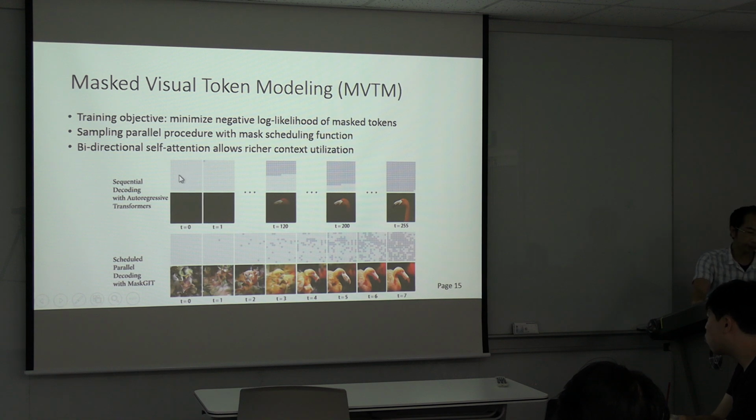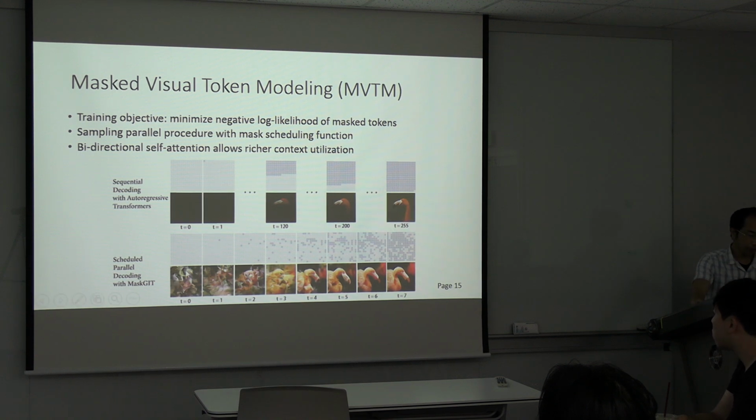We have nothing here, and we expect to generate some meaningful output in the end. But with the autoregressive model, we have to predict one by one. In the first step, we predict the first position, so we have only one output, and gradually, step by step. Finally, we need a total of 256 steps to have the final output.